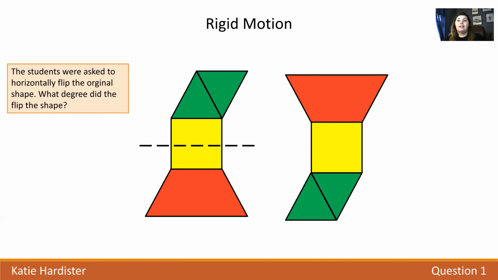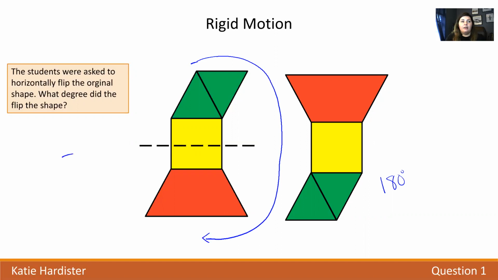And I would say that they flipped this 180 degrees. The reason that I say that is because we started here at the top and we watched it go all the way, forming almost what looks like a half circle.